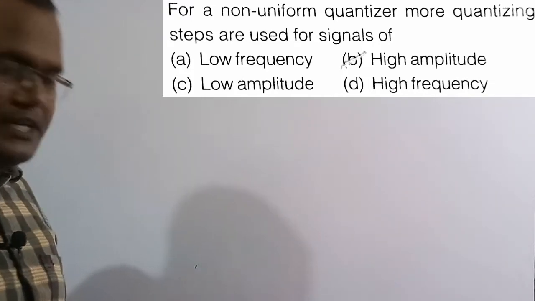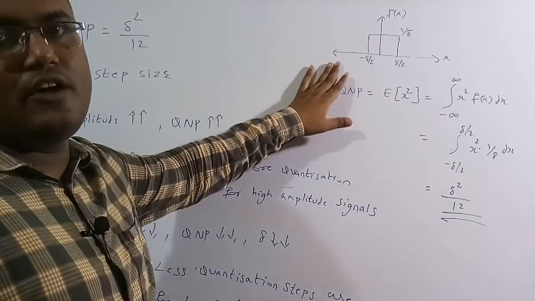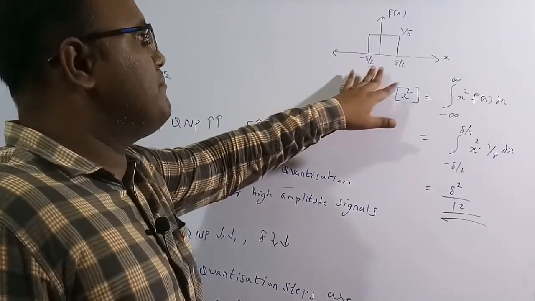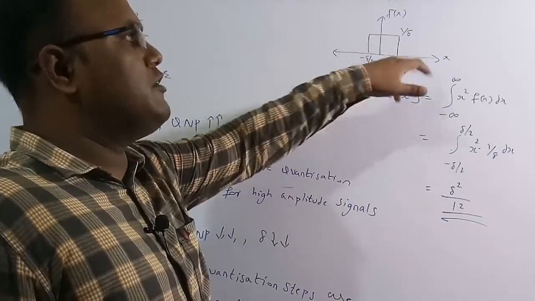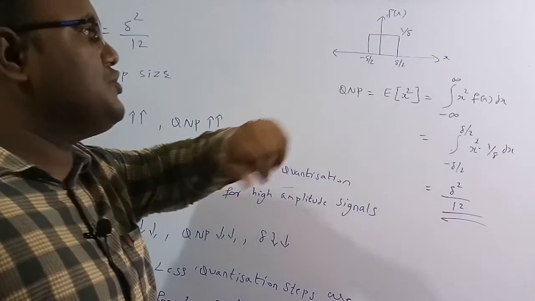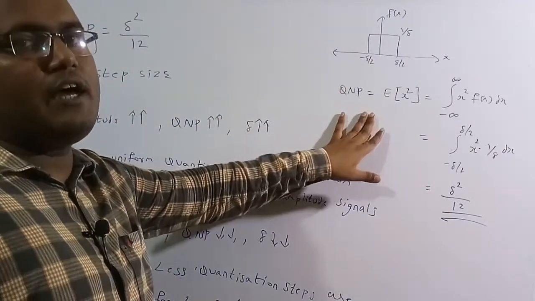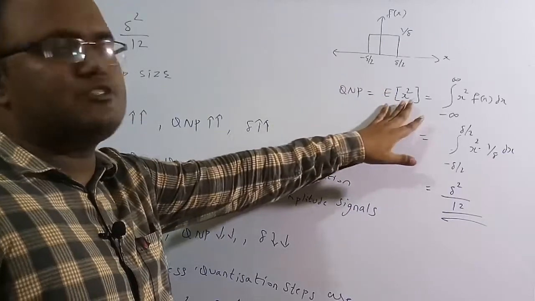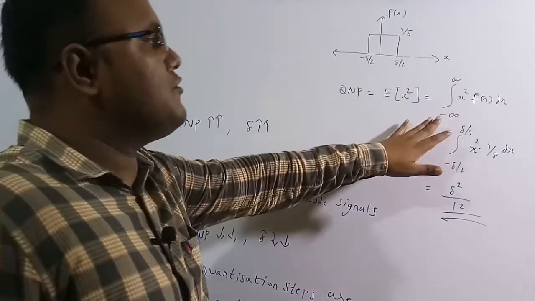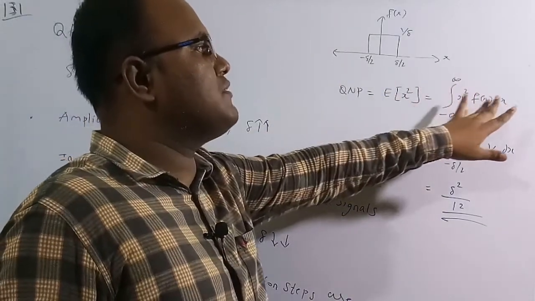So let's solve this numerical. This is a graph of the channel noise. From minus delta by 2 to delta by 2, its value will be 1 by delta, means area is equal to unity. So quantization noise power is equal to mean square value, means we have to find the expectation of x square, which is the integration from minus m to plus m of x square f of x dx.